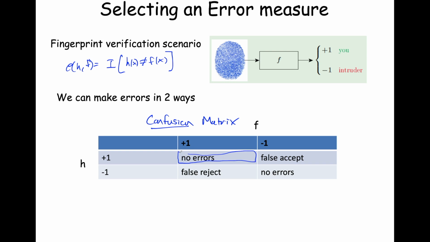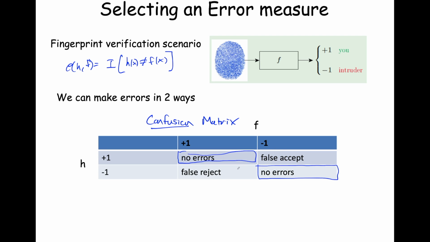The ground truth target function said it's you, so the fingerprint, and the hypothesis predicted, yep, it is you. They coincide. Likewise, in the lower right-hand corner, the ground truth target function said it's an intruder, and the hypothesis also said it's an intruder. And so we have correct output from our hypothesis. It coincides with the ground truth target function for those entries along the main diagonal in the confusion matrix.